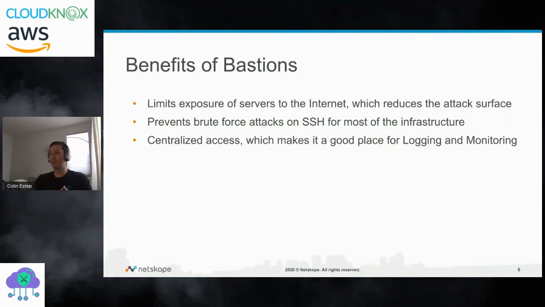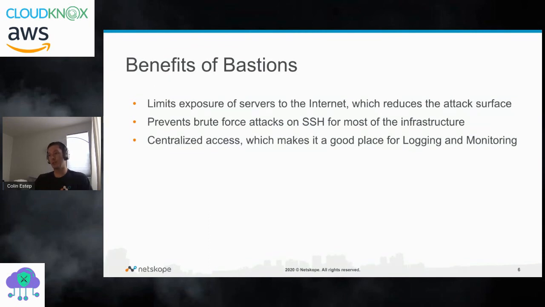Usually those Bastion hosts, the best practice is to make them simply be Bastion hosts. So you're running EC2 instances in AWS that are not doing anything else. They should not be running a website. They should not be running a database or anything like that. They should just be there for SSH access. And they should be locked down. They should be hardened.